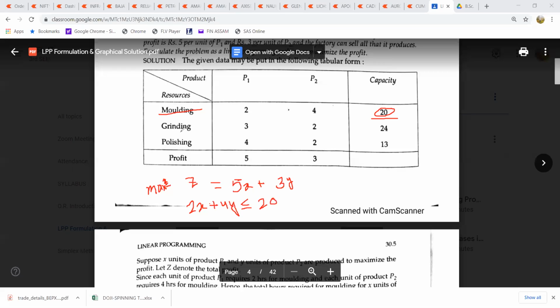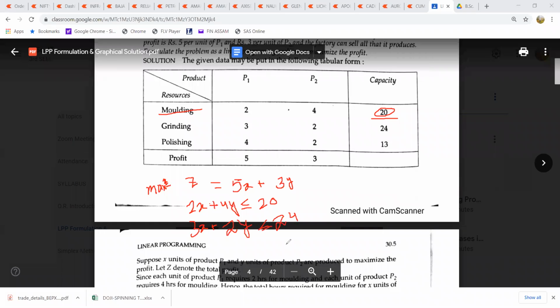Similarly for grinding, it will be 3x plus 2y, and it can run up to 24 hours.